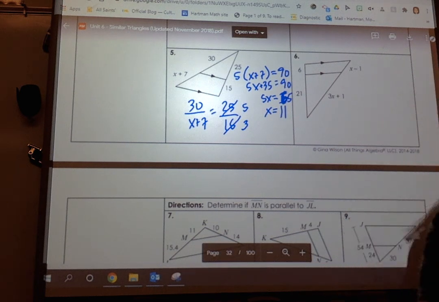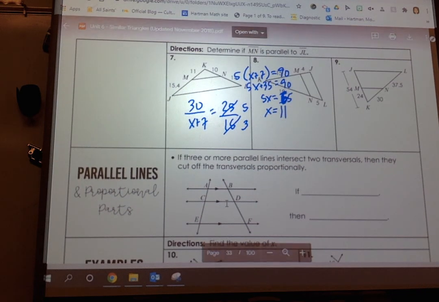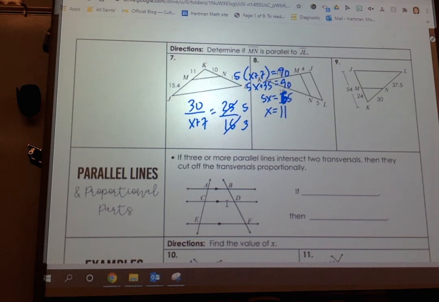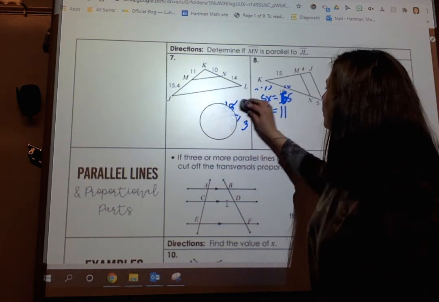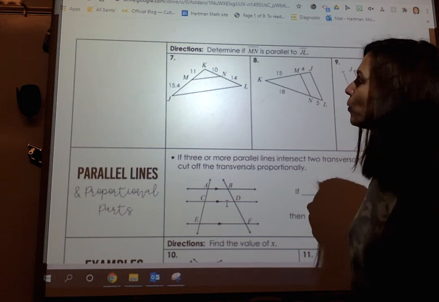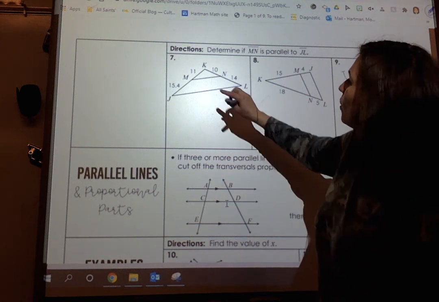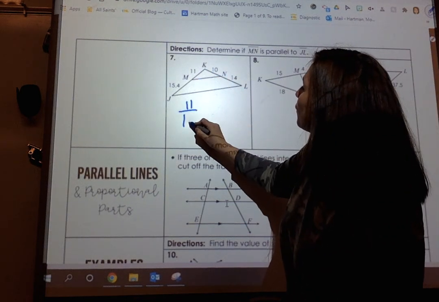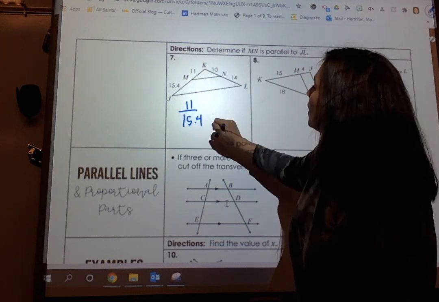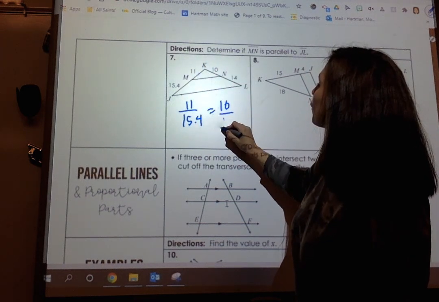Now jump down to number 7, and my directions have changed. Now my directions are saying RM, N, and JL are parallel to each other. So now we're looking at the converse of that proportionality statement. So is 11 over 15.4 equal to 10 over 14?